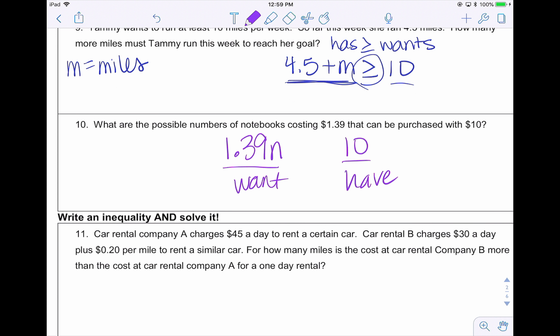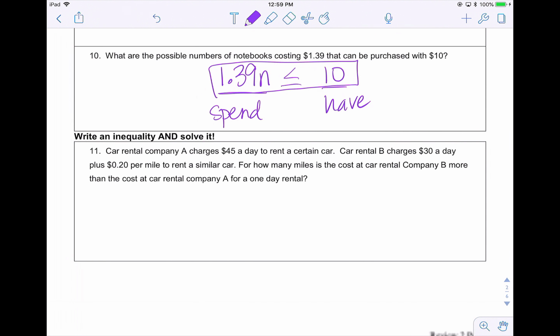And as much as we want it, we cannot spend more than we have. So what we actually spend, or what we want, you could change this to what you actually spend. So what we actually spend needs to be less than or equal to what we have. So $1.39 times n is going to be less than or equal to 10, because you cannot spend more than you have.